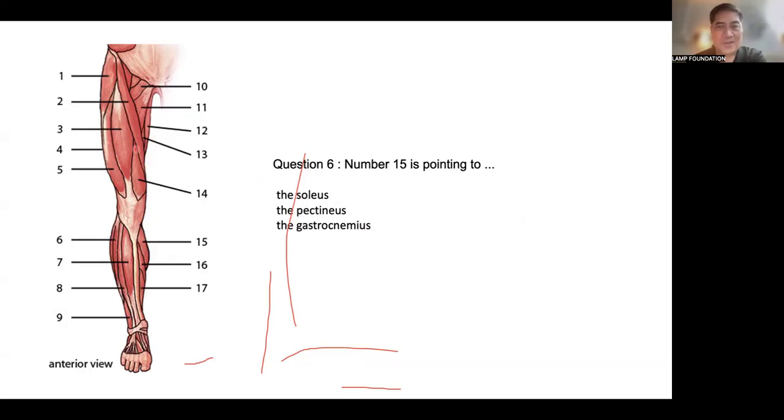So ngayon, alam niyo na yung muscle. Number 15 is gastrocnemius. Actually, kitang-kita yan sa mga runners. Gastrocnemius. Rectus femoris is what number?